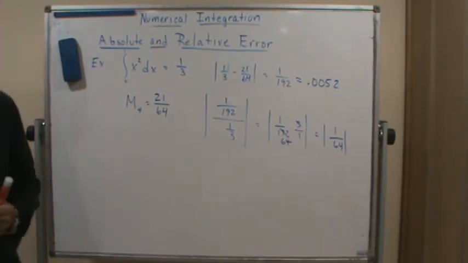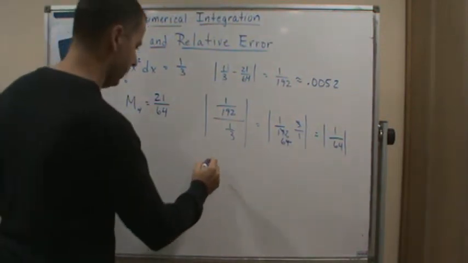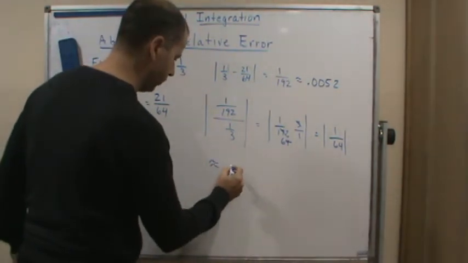So the absolute value of 1 over 64 would be the relative error, or 0.015625.